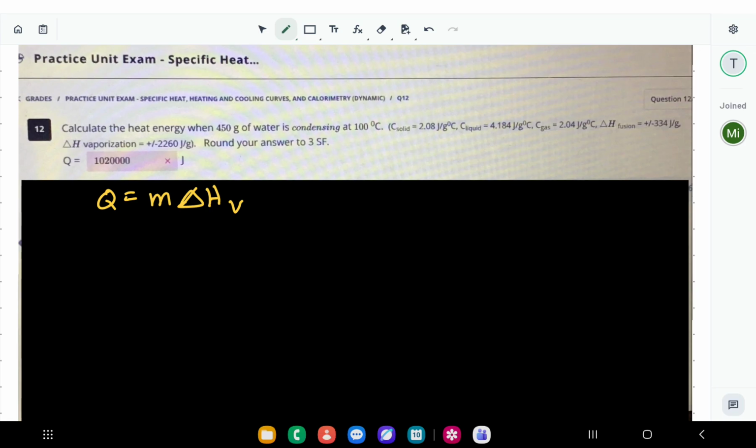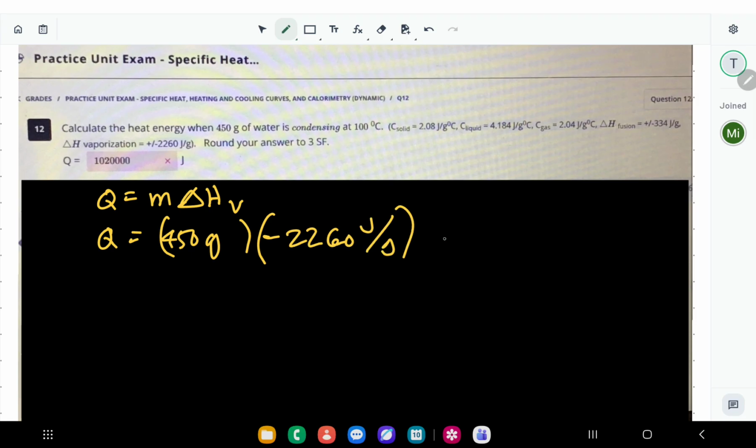Condensation means it releases heat. So Q is just 450 grams times the heat of vaporization, negative 2260 joules per gram.